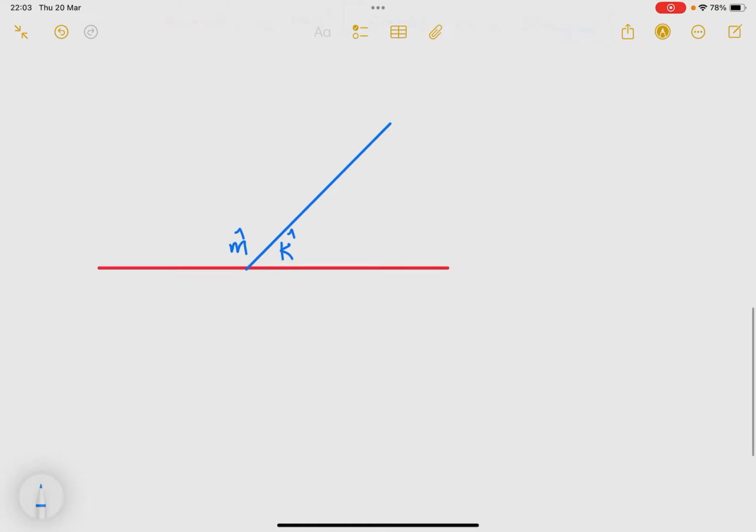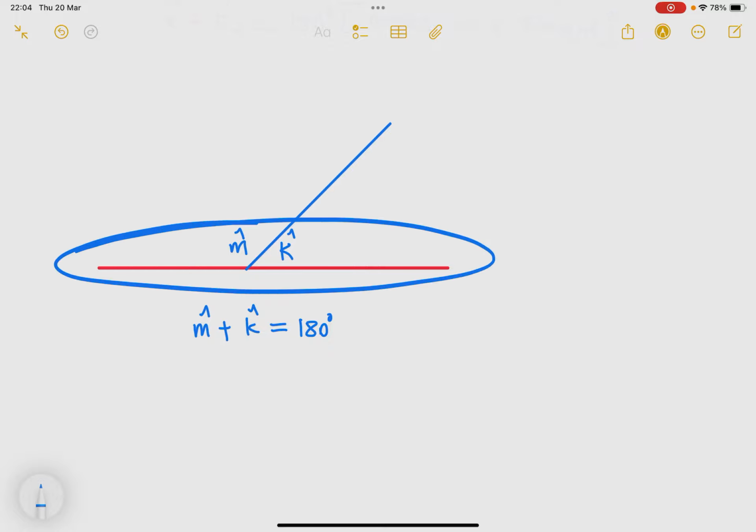It is going to add up to 180 degrees. And what is our reason for claiming that? The reason is because this is the sum of angles on a straight line.